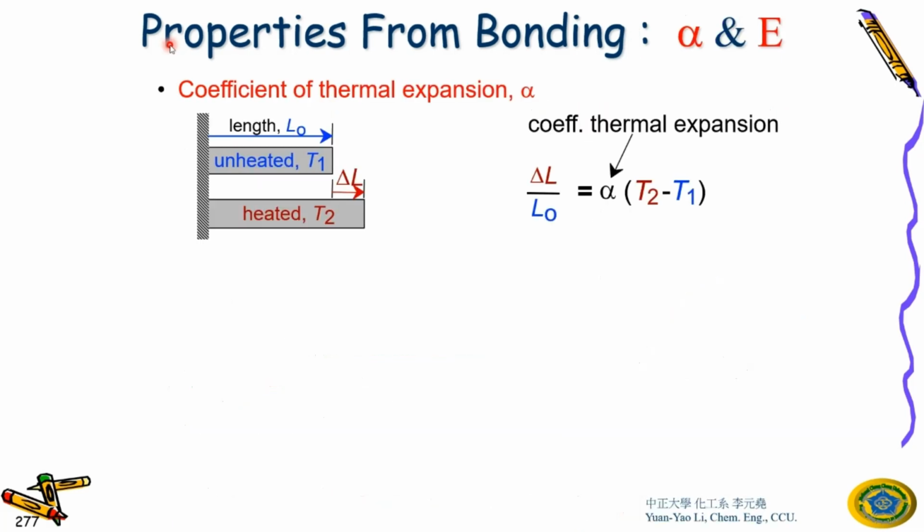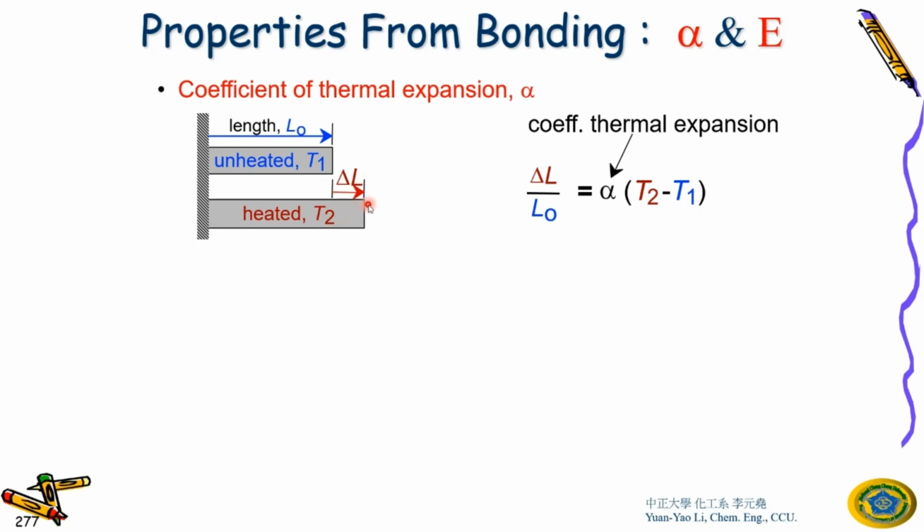And how about this one? This is the expansion of the objects, related to what? I'm sure you all learned this is the coefficient of thermal expansion. This is the temperature difference, and this is the coefficient of thermal expansion, right? If the coefficient of thermal expansion is high, that means what?